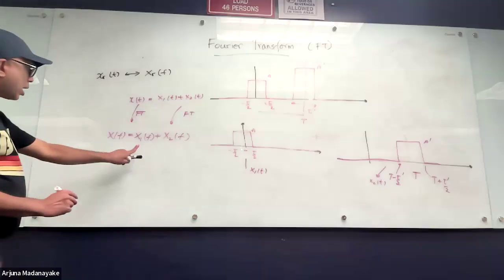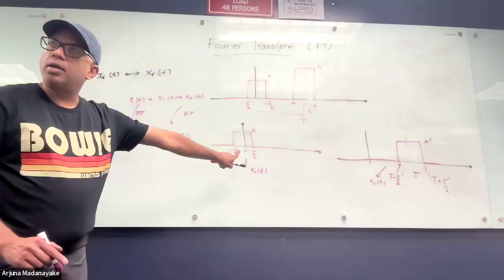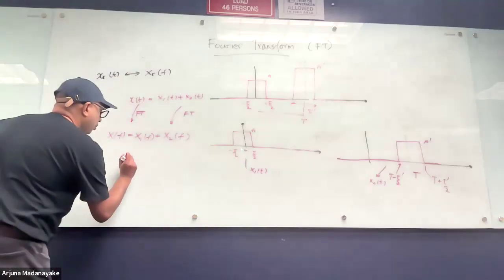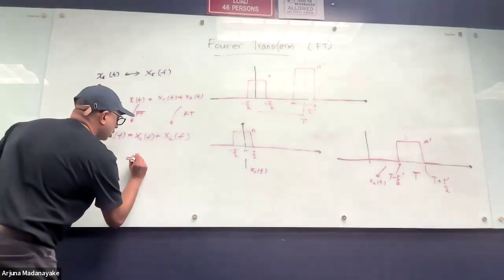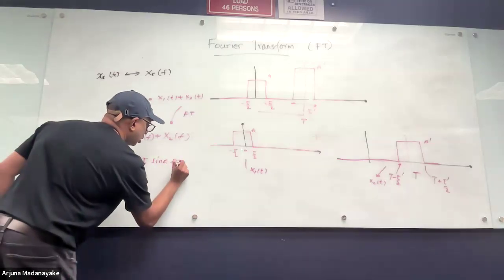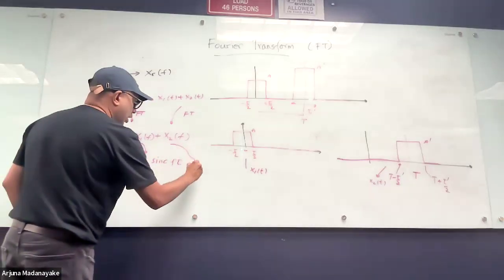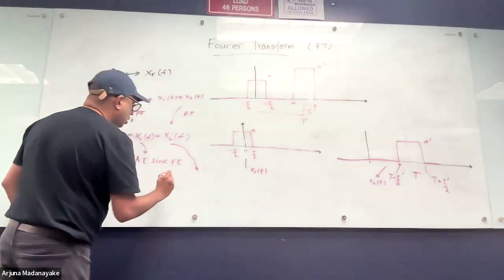The first one is easy. It's directly capital R of f. So I will get A tau sinc f tau from here. And then from here, I will get plus.